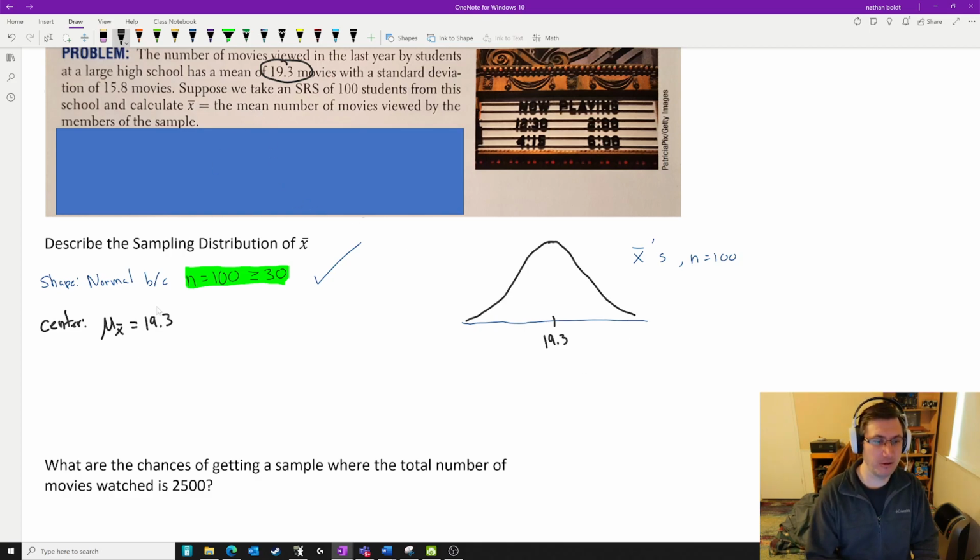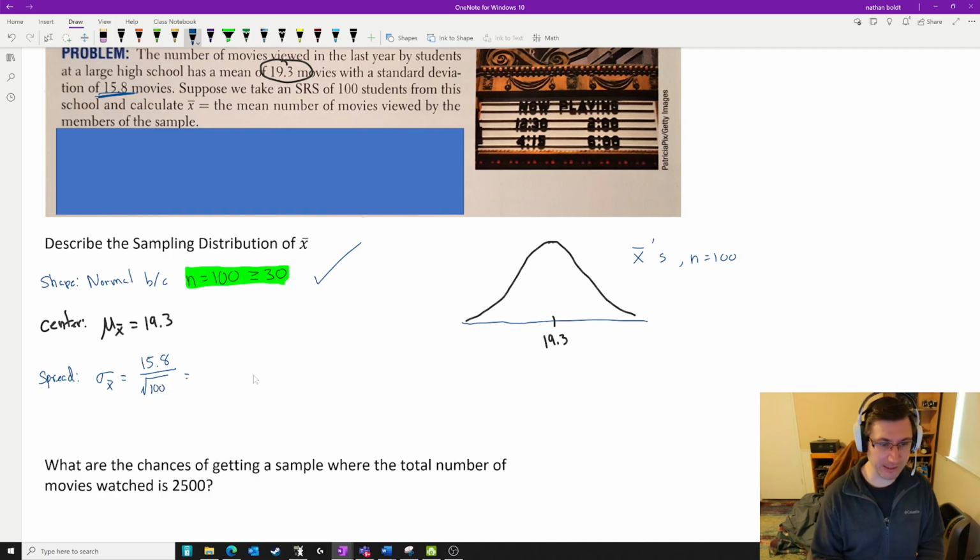There, and now, oh, I need the standard deviation, don't I? All right, so the standard deviation, the spread, is going to be... So the standard deviation of all the X bars is equal to, well, the population was 15.8, but I am taking samples of 100, so I will divide by the square root of 100.